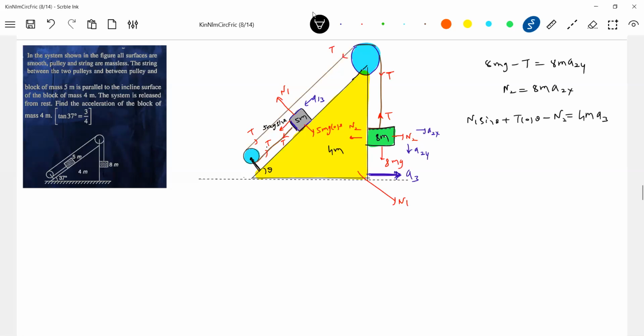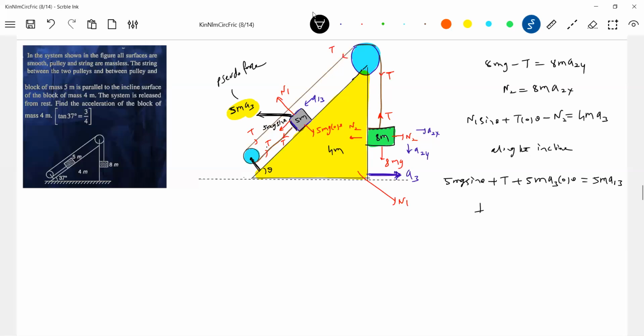Then for the block along the incline, 5mg sin theta plus T, plus the component of the pseudo force 5m a3 cos theta, should be equal to 5m a13 along the incline.